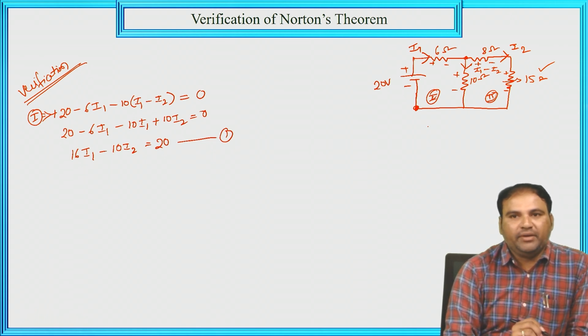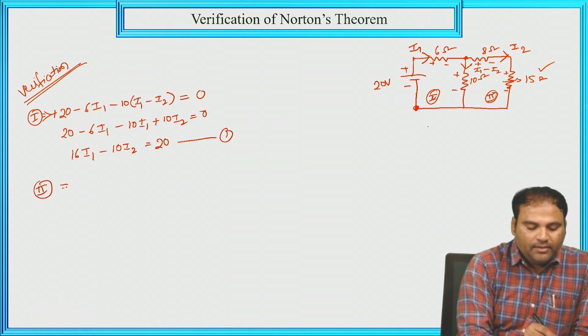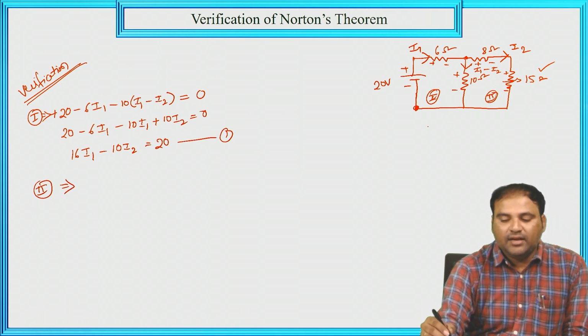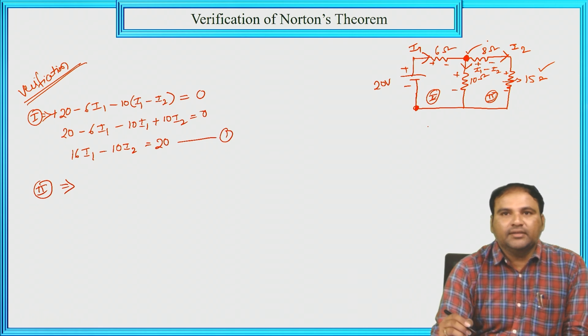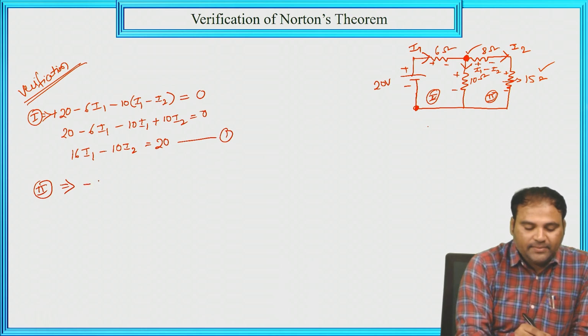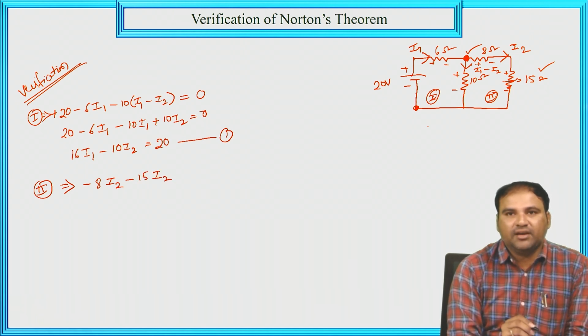Here is the first loop equation, and now the second loop equation. The second loop is also in clockwise direction. In this case also I am starting from this point, so here also we need to take the second polarity. The second polarity of the 8 ohm is minus 8 I2, next minus 15 I2, because these two are in series and the current is constant.